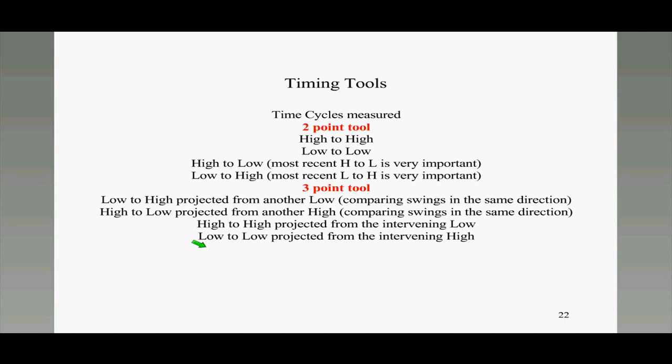So let's say there was a low-to-low that was 50 trading bars, and then project from the intervening high between those two lows and project forward, and also look for a possible change in trend there.